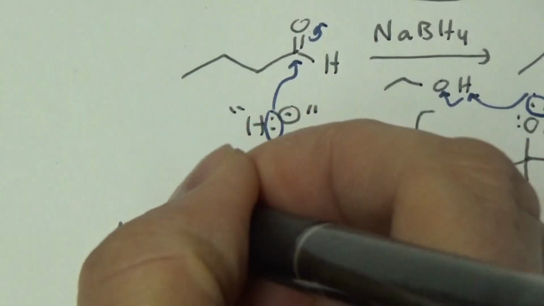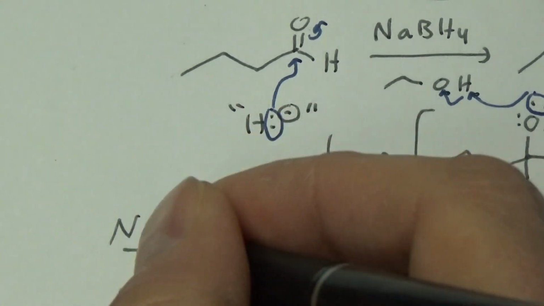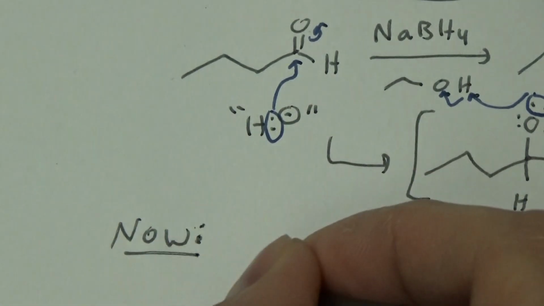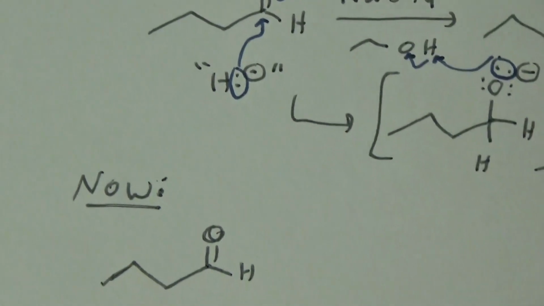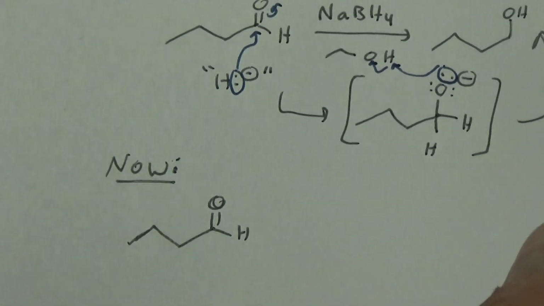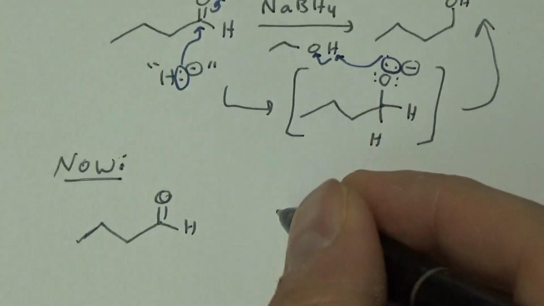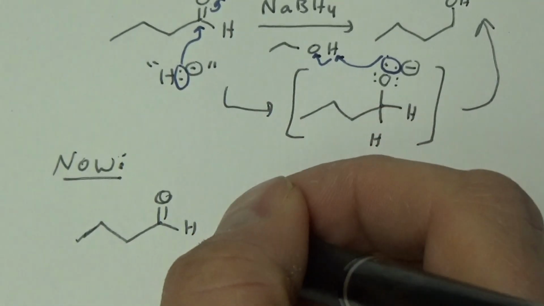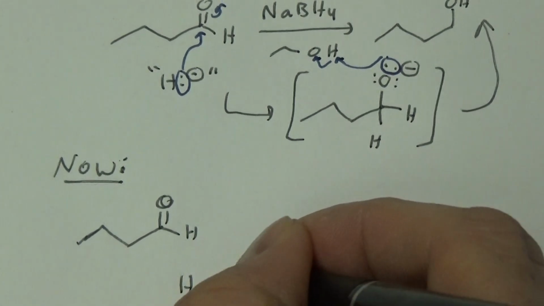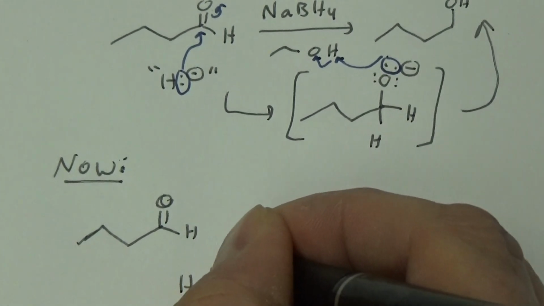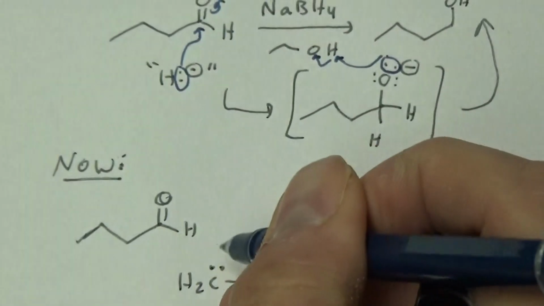So an example will be the same aldehyde, but instead of H:minus, what if we had ethyl minus, which would be H2C-CH3 minus, ethyl minus.